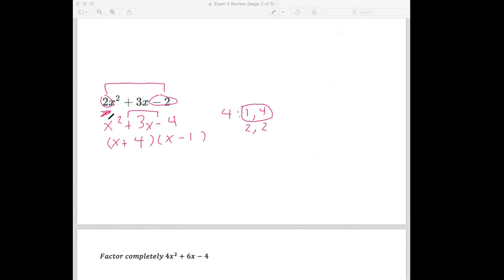We attempt to divide each of these by the a value. It works in the first one, so we just write x plus 2. It doesn't work here, so we write 2x minus 1.